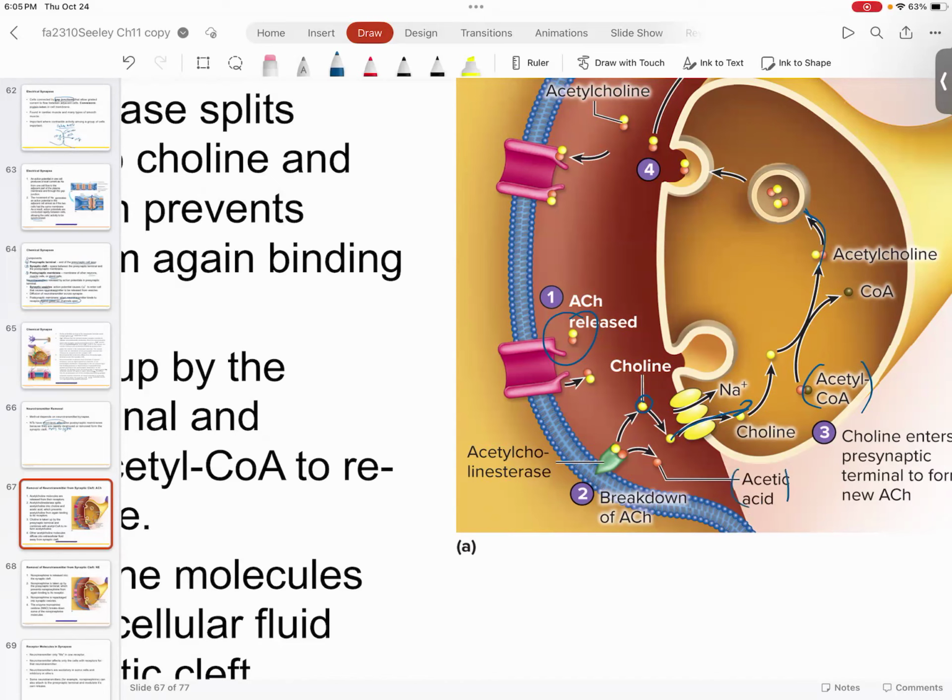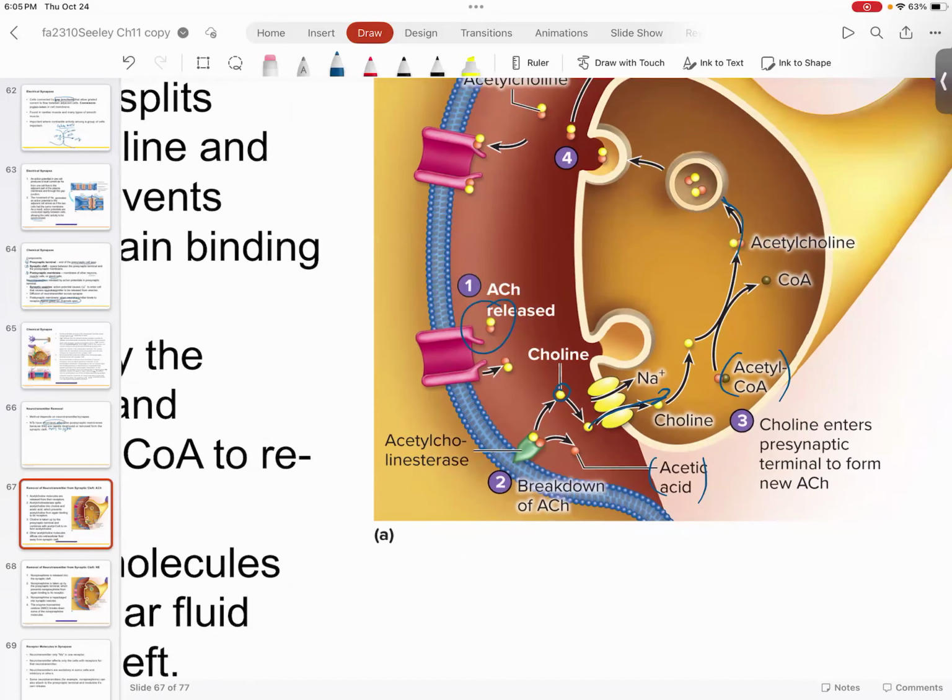The acetate, or the acetic acid, can then go off and be converted into acetyl-CoA. And it can be fed into metabolism, your cellular respiration. So don't just lose it, just use it, right?